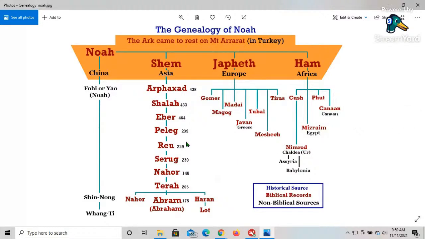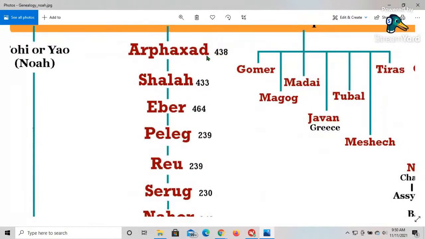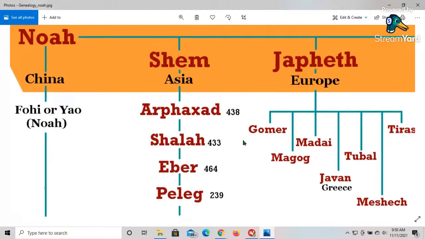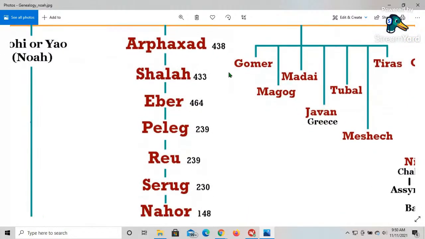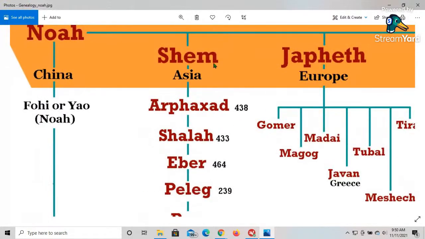Okay, the other thing of note here is the ages. They show the ages here. Notice these are less than 500 years old, right? So the lifespan was cut in half by the global flood, because we know before the global flood, before Noah, they lived almost 1,000 years, just under 1,000.